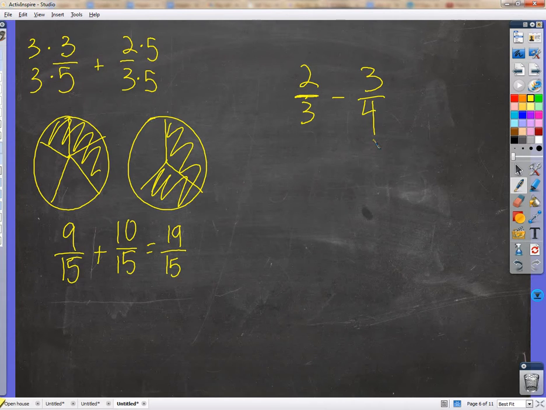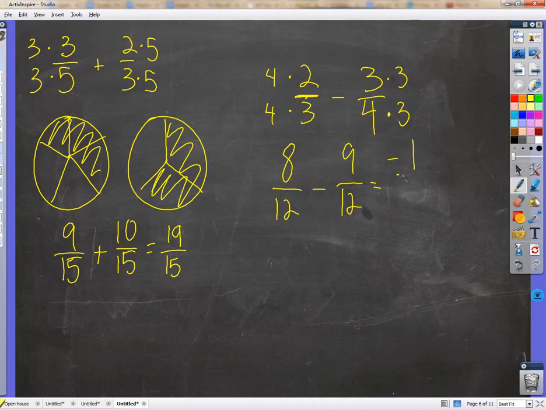We need a common denominator. What will that denominator be? 12. Multiply this by 4 and this by 4, and use the same thing. This by 3, this by 3. 9 over 12 and 8 over 12. 8 over 12 minus 9 over 12 is negative 1/12.